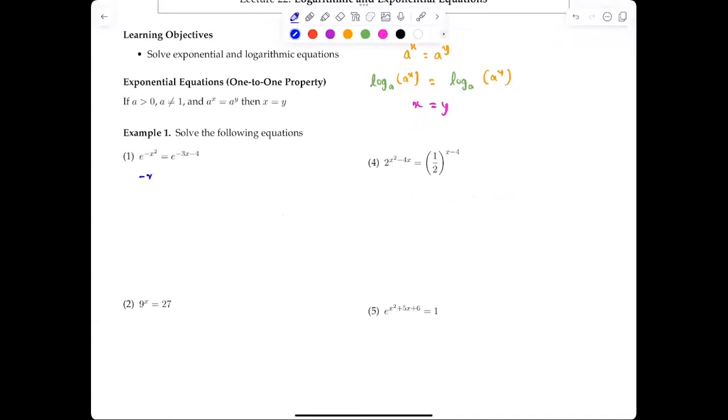So here you have negative x squared equal to negative 3x minus 4. Now just move everything onto one side of the equation and you get 0 equal to x squared minus 3x minus 4. At this point, you're solving a quadratic equation and no longer an exponential equation.